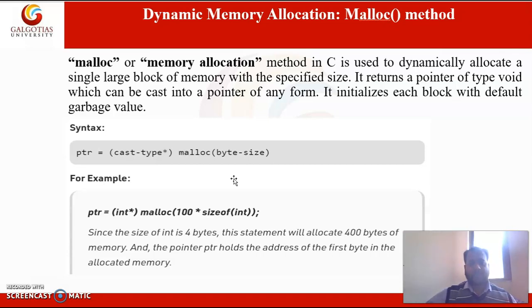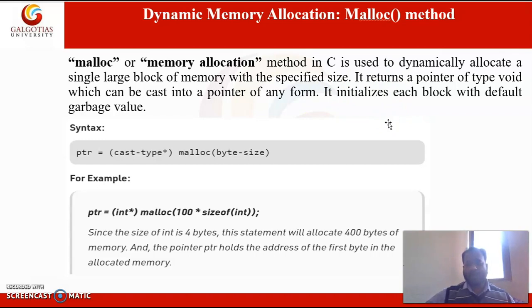The first one is malloc, that is, memory allocation. The malloc method in C is used to dynamically allocate a single large block of memory with a specified size.